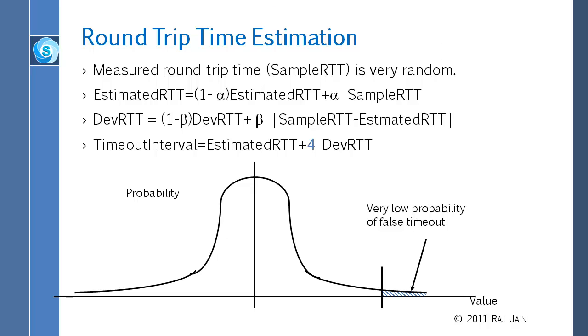Any other question about this? Yeah. So alpha and beta, are they just constants? Those are parameters, as we call them. Just like MSS. MSS is the most important parameter that many of you may want to change, but MSS is maximum segment size. Right? How big a packet TCP should send.